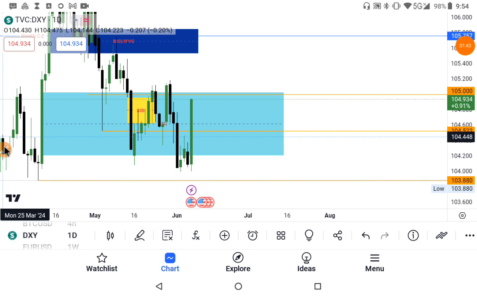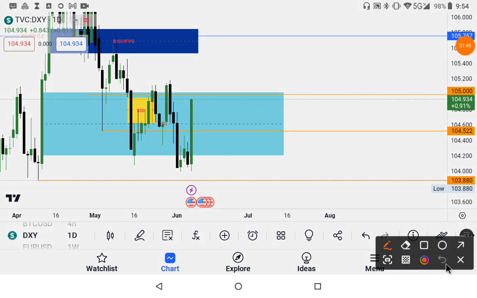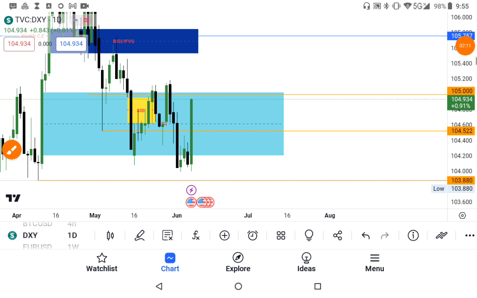So last week we were able to get a movement into 104.522 and a movement towards 105.500. You can see this movement was short of 105,000. So the coming week I'll still be expecting a further movement.